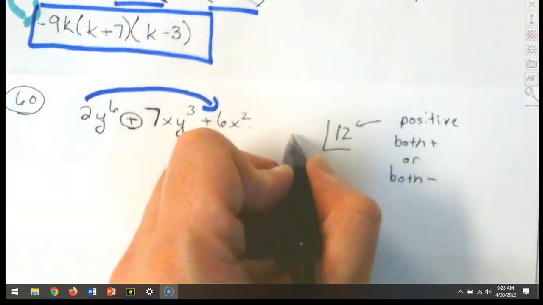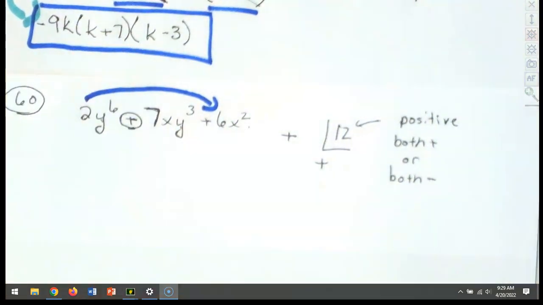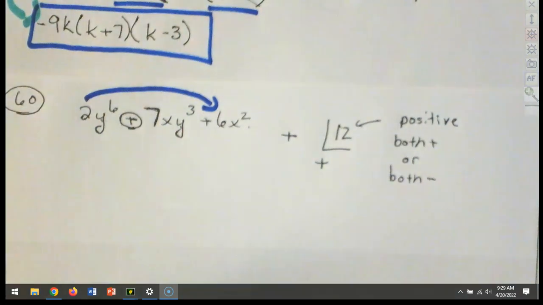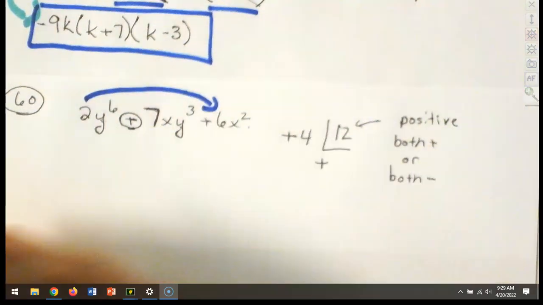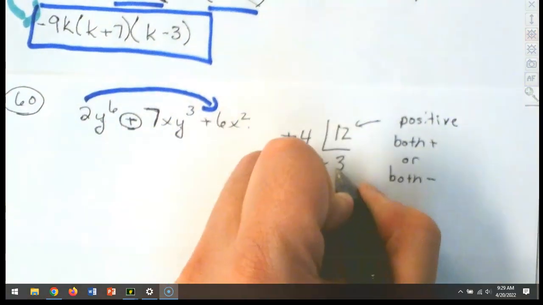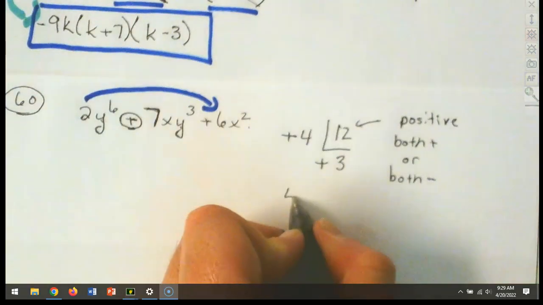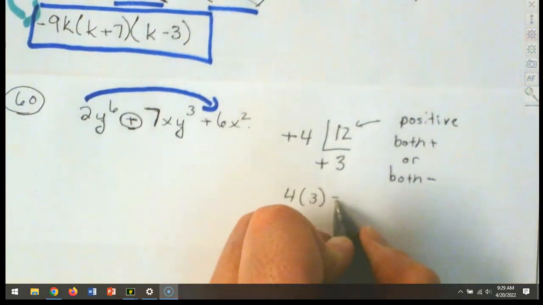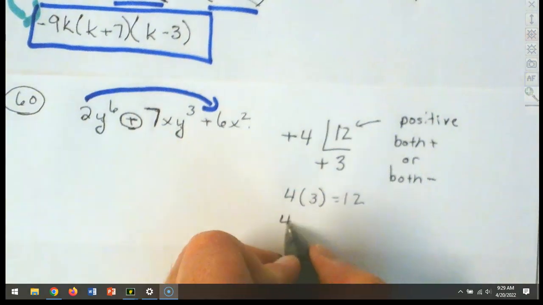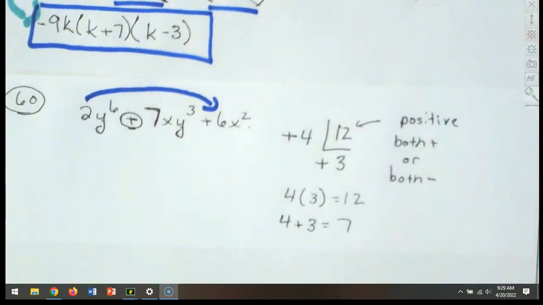Positive. So we know they are both positive. And 12 doesn't have a lot of options. 2 and 6 doesn't work for us. But how about 3 and 4? Yep, 3 and 4 is going to give you 7. So we need a positive 3 and a positive 4. And you can check if you want, because 4 times 3 is 12, and 4 plus 3 is 7.